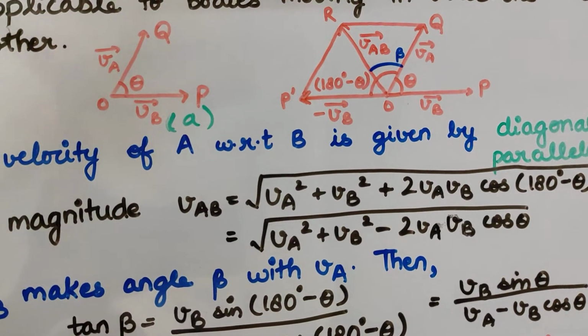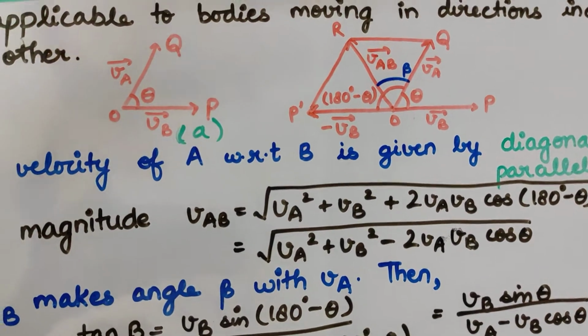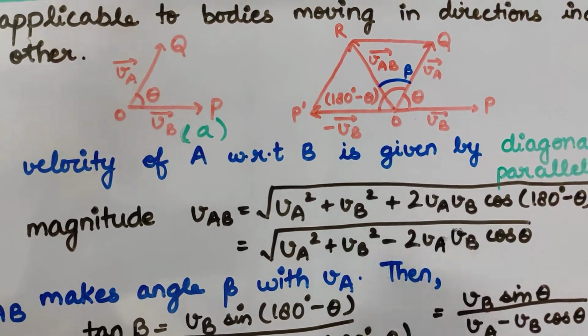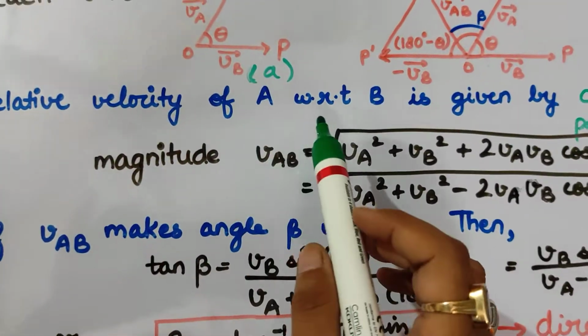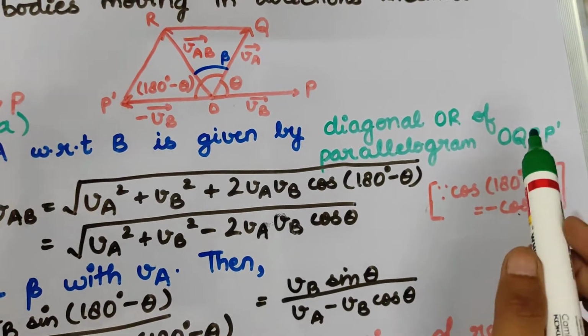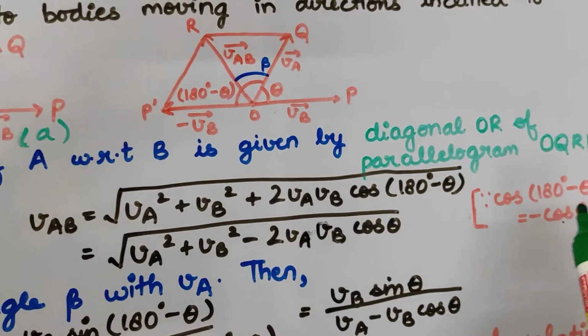So we can say that minus VB is making an angle 180 degree minus theta with VA. Fine. The relative velocity of A with respect to B is given by the diagonal OR of the parallelogram OQRP dash.